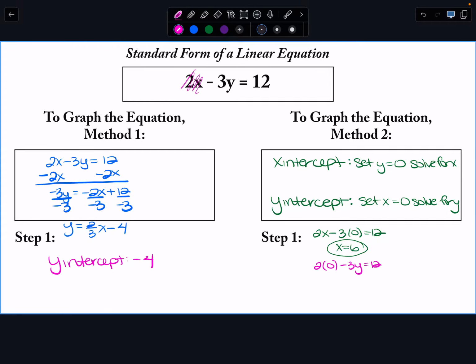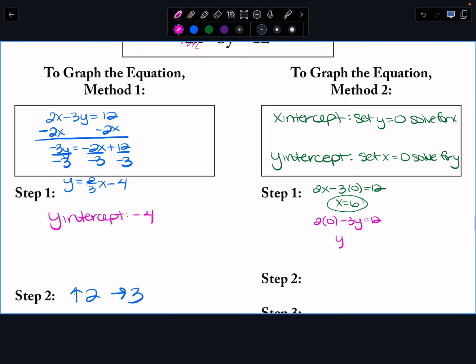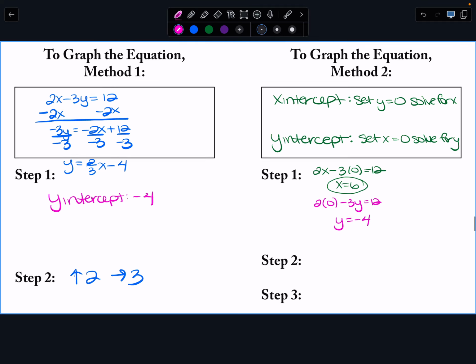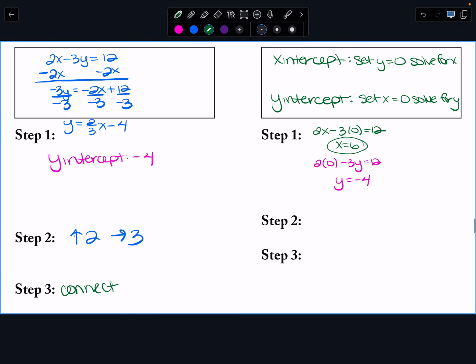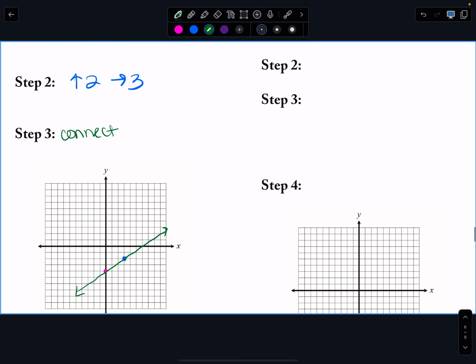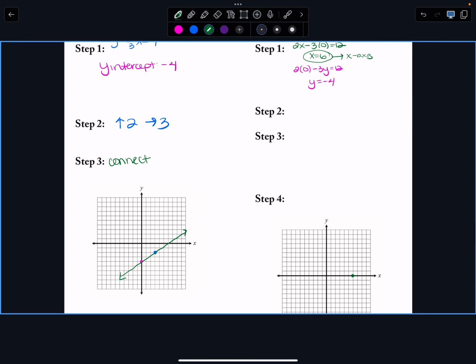Because if you can do it in your head fast, nobody cares on a multiple choice. Okay, so my y is equal to -4, and I'm graphing 6 on my x-axis. So I graph 6, right, 6 on the x-axis, and then I'm going to graph -4 on the y-axis.